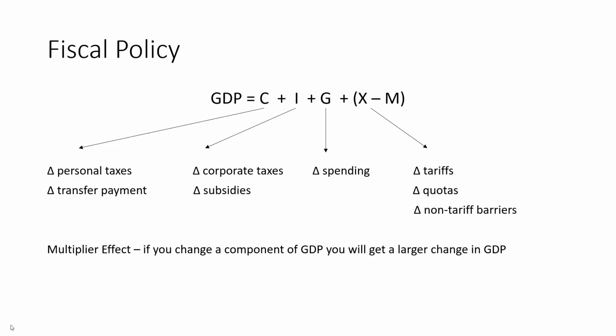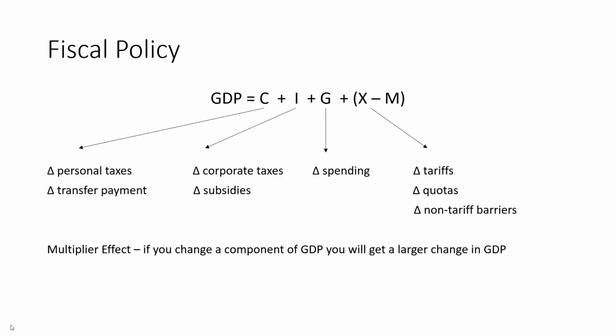Remember when we looked at national income accounting, we looked at the multiplier effect. And remember, we define the multiplier effect as: if you change a component of GDP, you're going to change GDP by a larger amount.